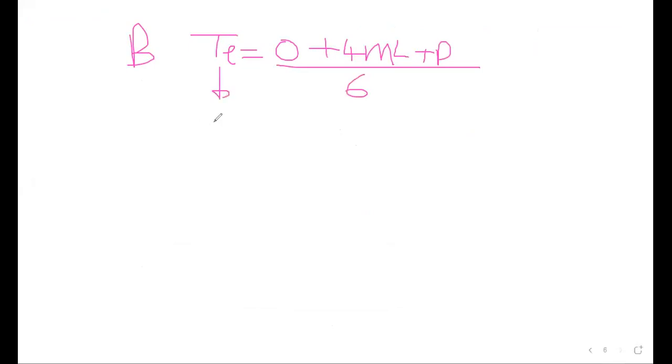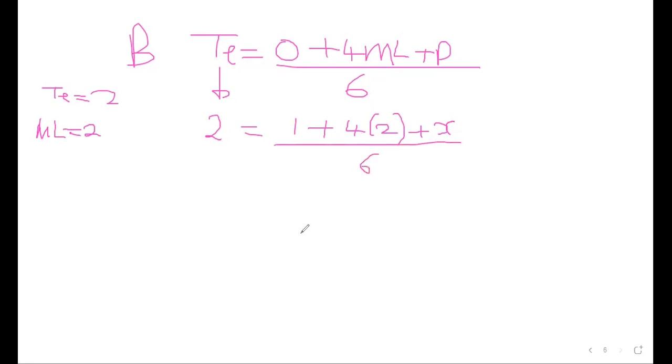For B, it is 2, which is equal to optimistic time 1 plus 4 on most likely. The TE was given, time expected was 2. Then most likely time was actually 2. So we can substitute here, and the pessimistic was X. So it's just about using this formula to make the subject of the formula, and then we get whatever we need.